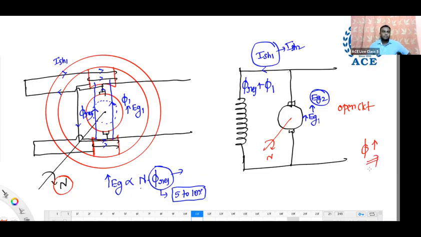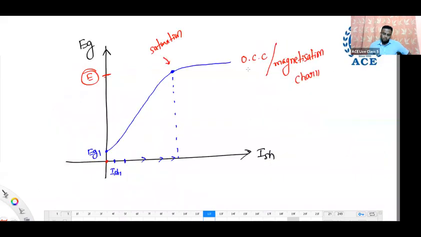Flux decrease means demagnetizing; flux increase means magnetizing. That's why the corresponding characteristics are also called magnetization characteristics. We never call it demagnetization characteristics, because flux is increasing step by step.